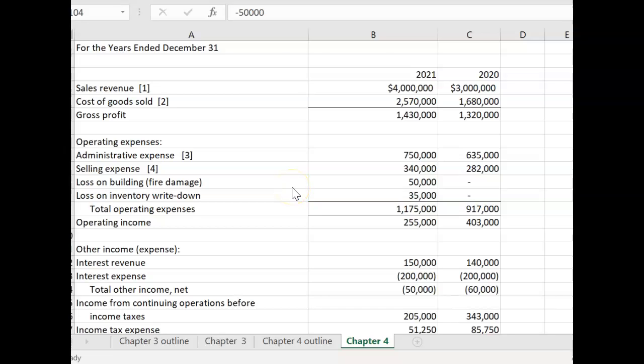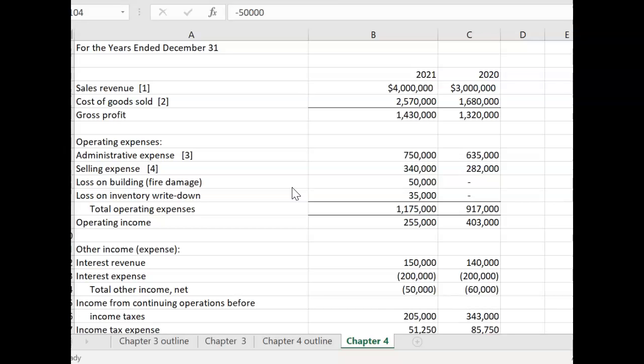I am now going to review problem 4-1 in your textbook, and it is going to review the income statement, including not only income from operations, but also income from discontinued operations.